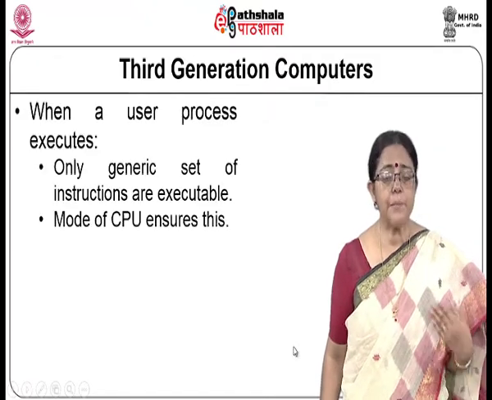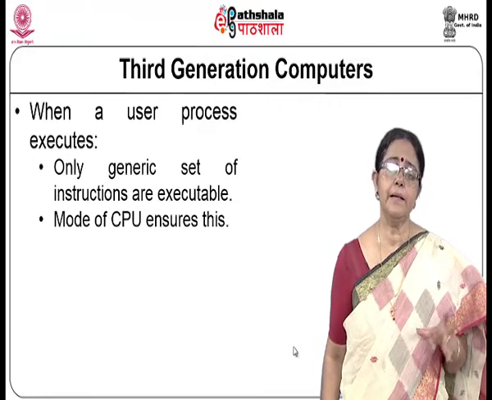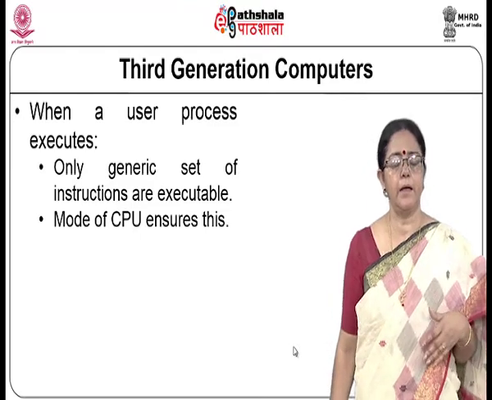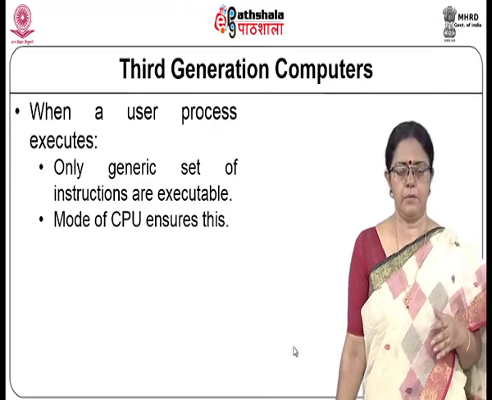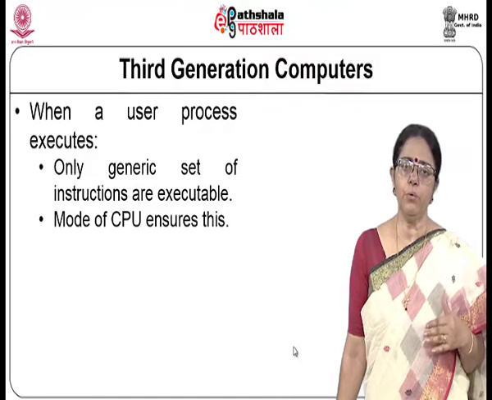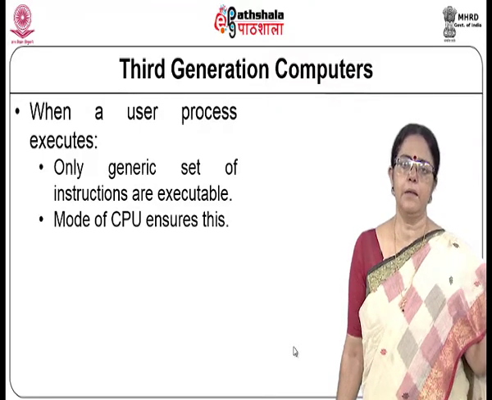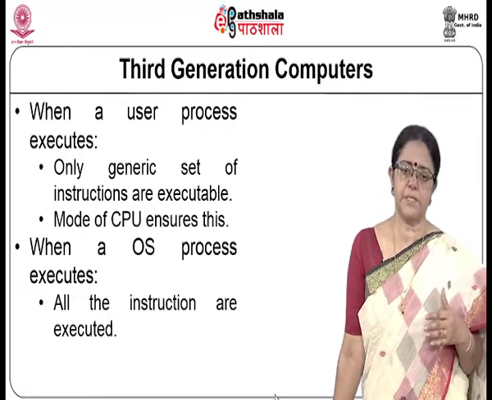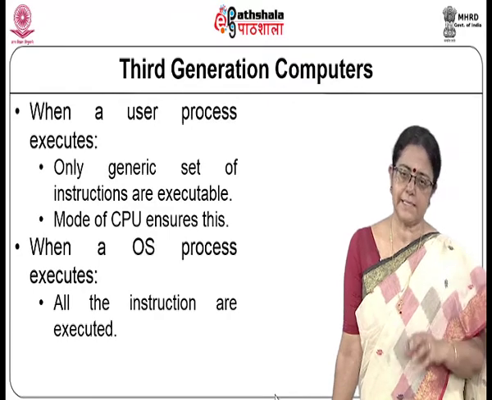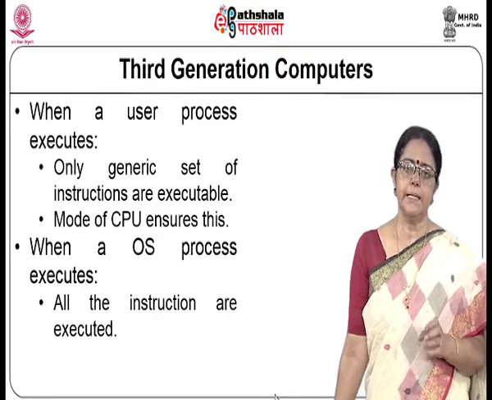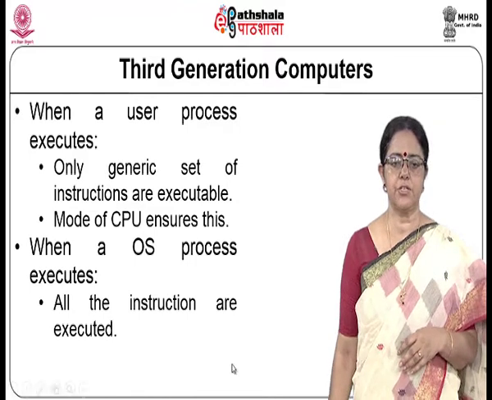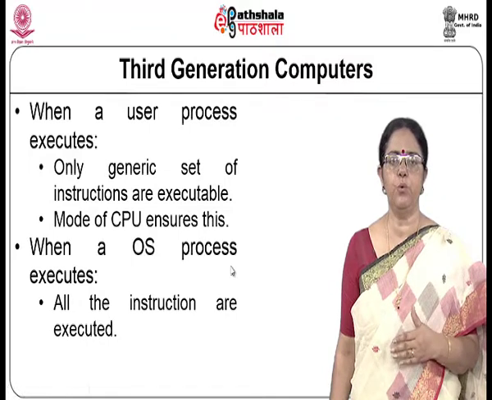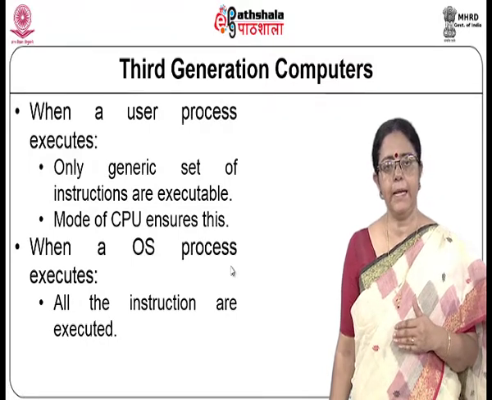So, when a user process is executing, we have a specific set of instructions. Those instructions can be run in the user mode of the CPU. So, the CPU user mode can run a generic set of instructions, but whenever an OS process is executing, this generic set of instructions can still be executed, plus there is a special set of instructions which will also be executed by the CPU, because the CPU is running in privileged mode.